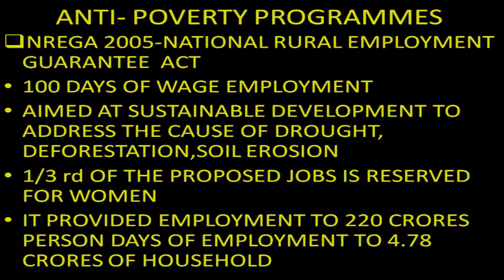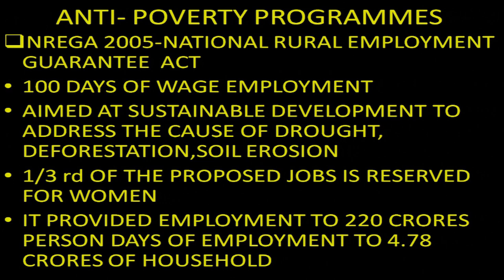One important anti-poverty program that was implemented in the year 2005 is the NREGA, National Rural Employment Guarantee Act. Now this was the act which promised 100 days of wage employment to the people, which aimed at sustainable development to address the cause of drought in the village areas, deforestation and soil erosion.